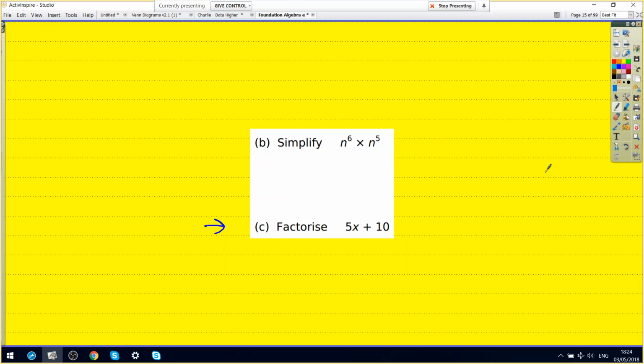I don't know. It means that it was in a bracket, and you have to say what bracket was expanded to make that. So what times what made 5x and what times what made 10? Any idea how you figure that out now?